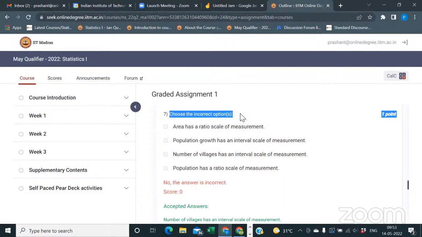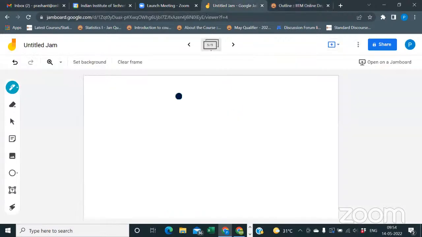Because suppose I'm saying number of villages has an absolute zero. Suppose I'm saying there is 0 villages. That means there is no village. There is absence of that. Sir, the concept of interval scale and ratio scale is slightly foggy for me. I've already done this twice. Okay. See, the concept of interval and ratio is something.